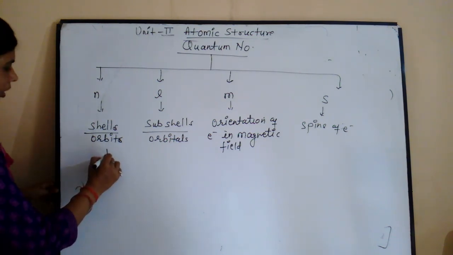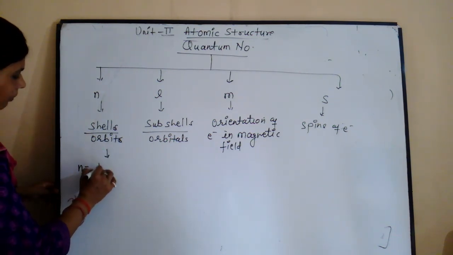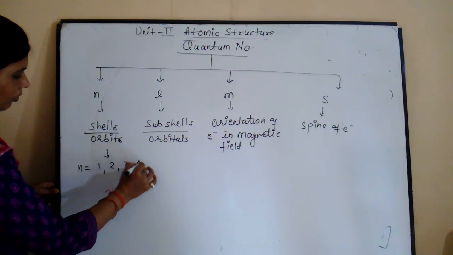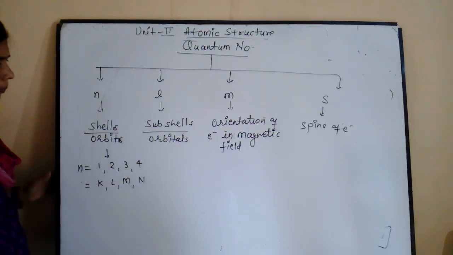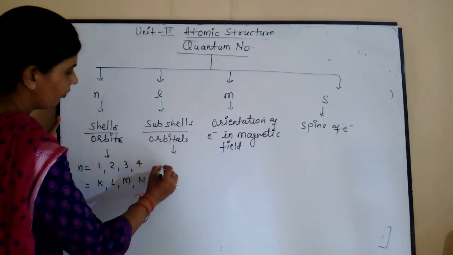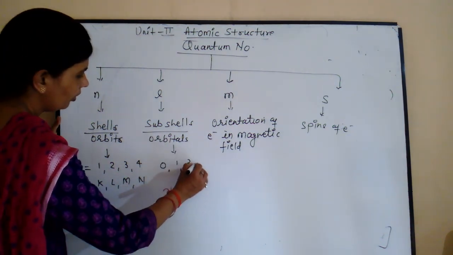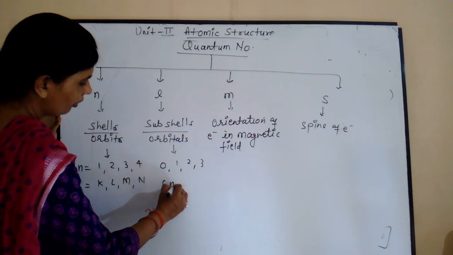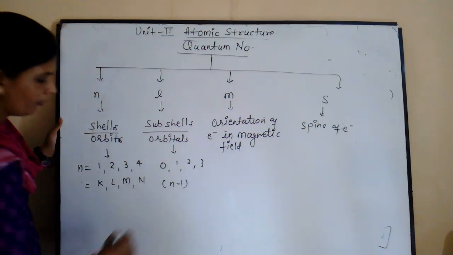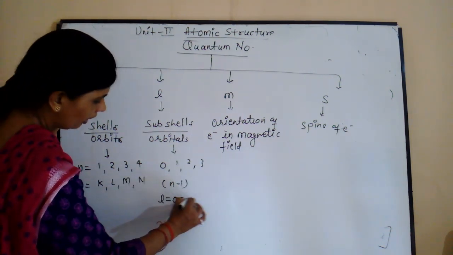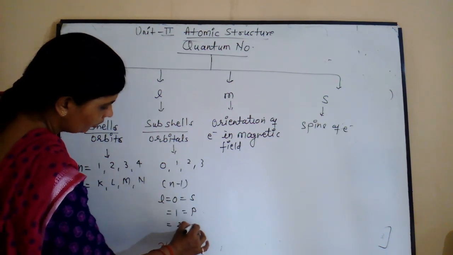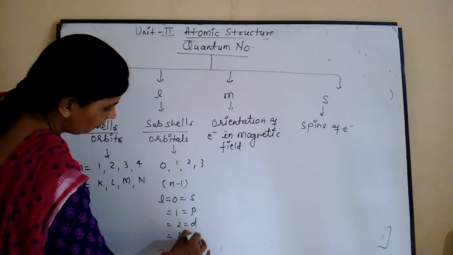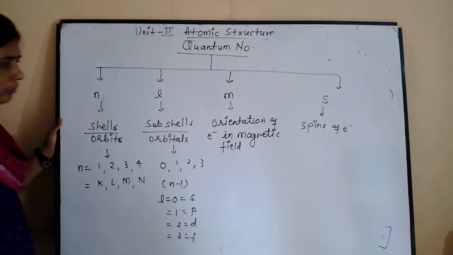The value of n can be any whole number 1, 2, 3, 4, expressed by K, L, M, N. The l value has 4 values 0, 1, 2, 3, calculated using the formula n minus 1. If l is equal to 0, the orbital is s; 1 is the p orbital, 2 is the d orbital, 3 is the f orbital.